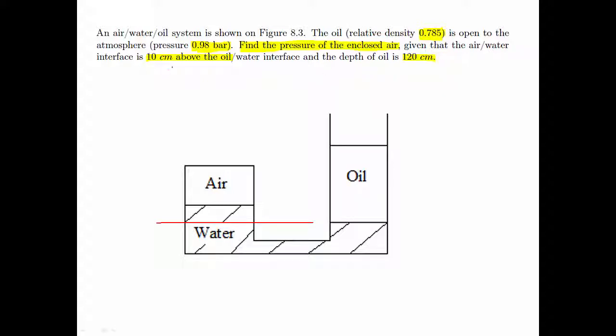The air-water interface is 10 centimeters above the oil, so that in there, this is where the drawing becomes less professional, is 0.1 meters. And the depth of the oil is 1.2.